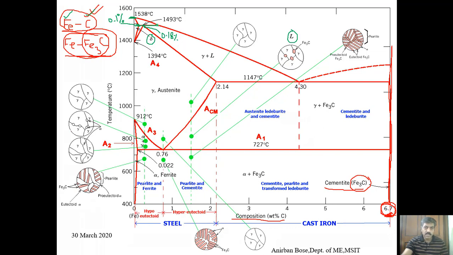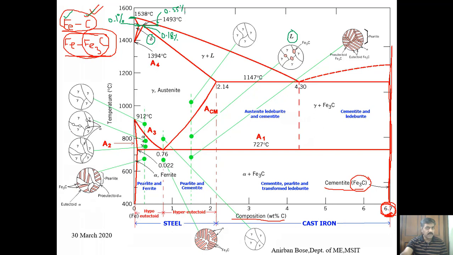And the composition of this point is 0.52, say 52, 53 or 55, say 0.55%. So these three points you have to mark, and then you have to join this line and this line.